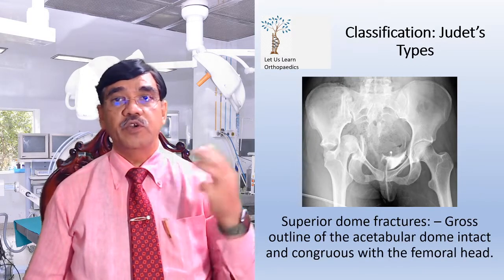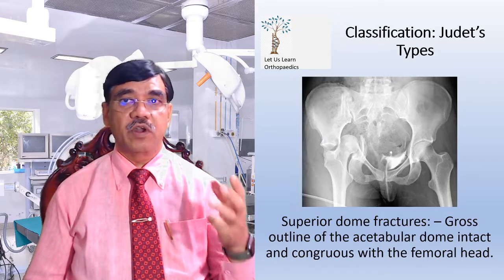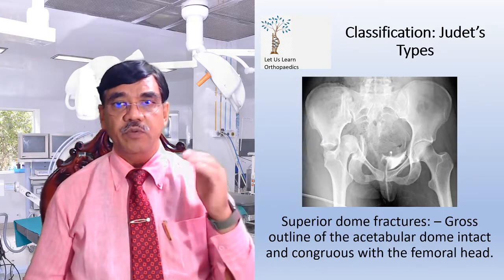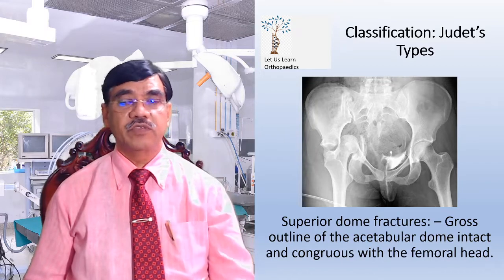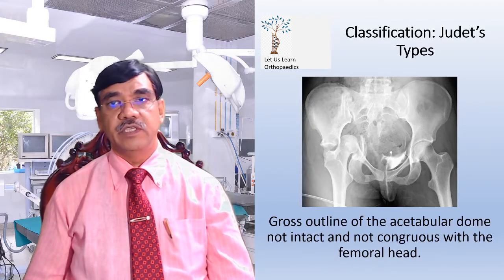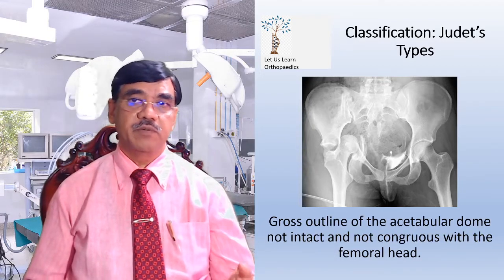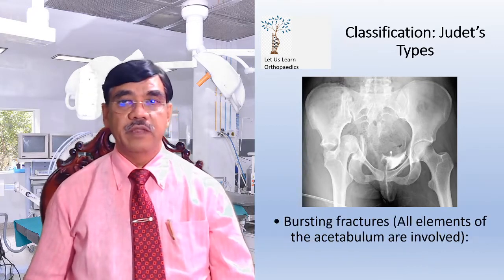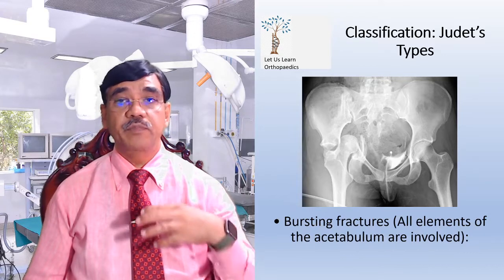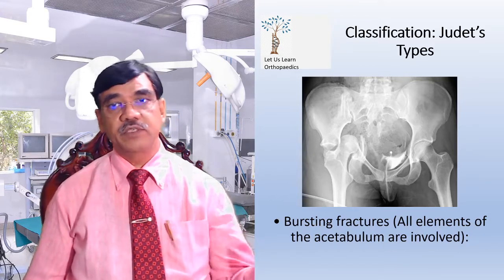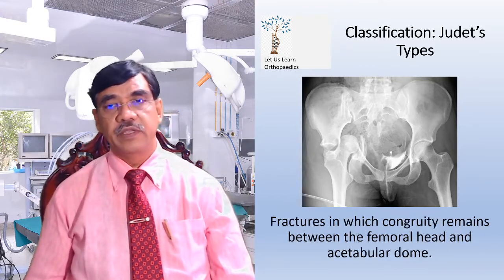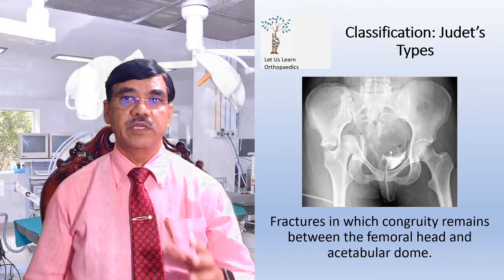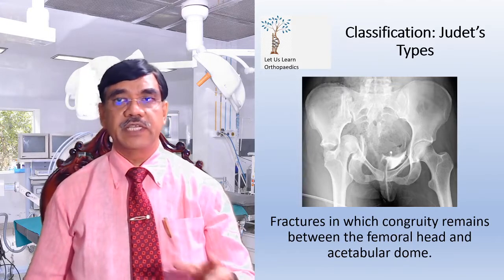Then superior dome fractures, with the gross outline of the acetabular dome intact and congruous with the femoral head. Then there could be the gross outline of the acetabular dome not intact and not congruous with the femoral head. Then a bursting type of fracture, where all elements of the acetabulum are involved. And the fracture in which the congruity remains between the femoral head and the acetabular dome.